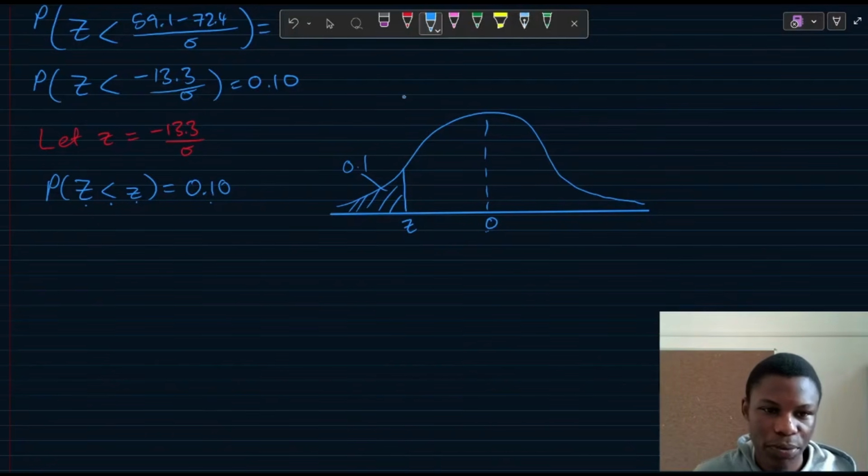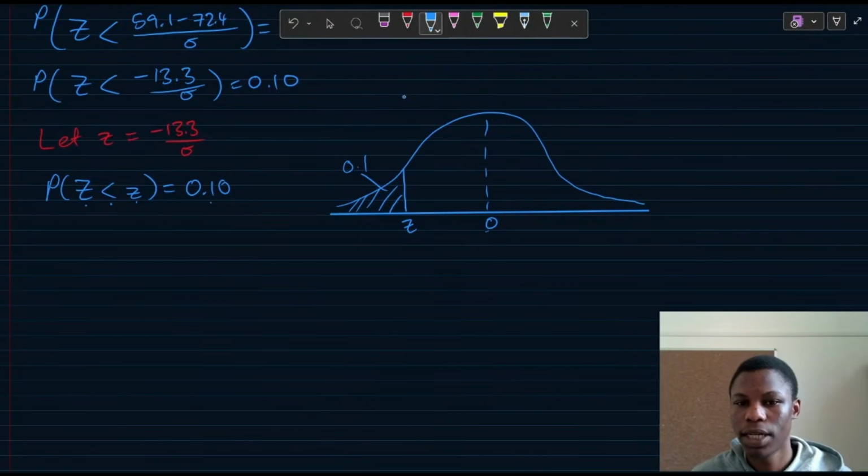Another problem we have is that our tables don't allow us to read probabilities that are less than 0.5. So we'll just do 1 minus 0.1, which is 0.9. The reason our tables start from 0.5 is because this 0.9 and this 0.1 are bound by the same z value.